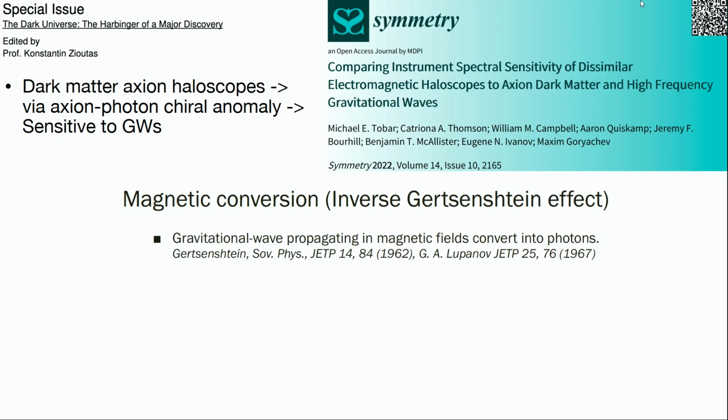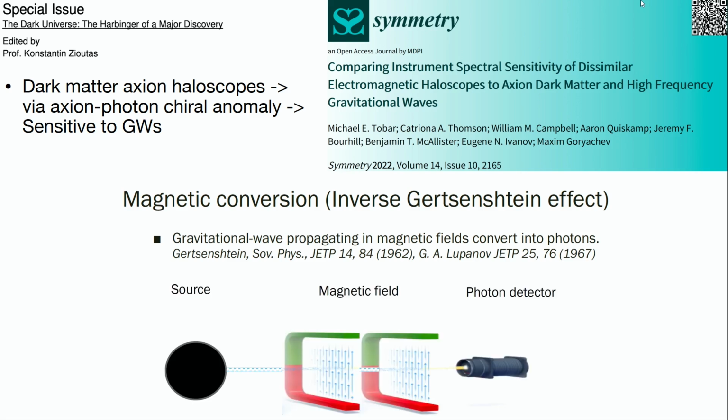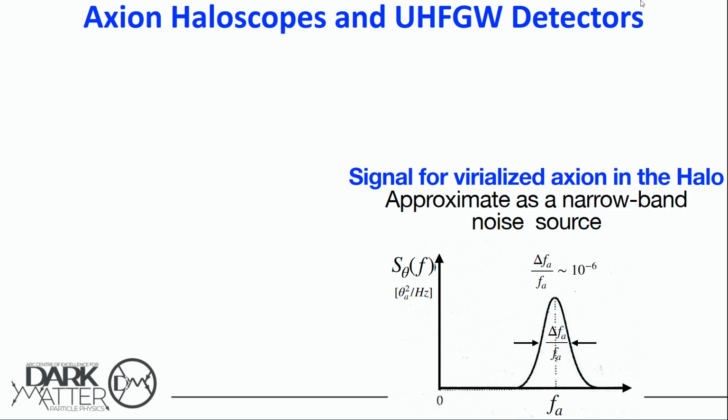So we have this effect, which has been discussed many times. So here we go into axions. Axions have this narrowband noise signal, and that's because the galactic halo is virialized, and so it spreads out. So you can approximate it as this narrowband noise source.